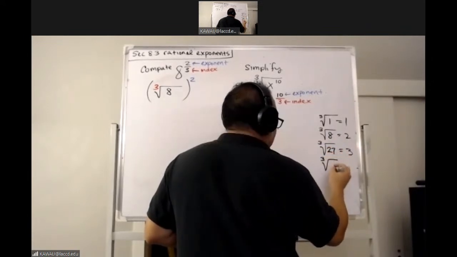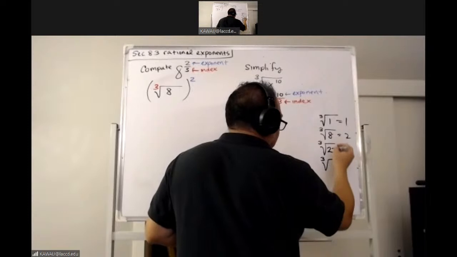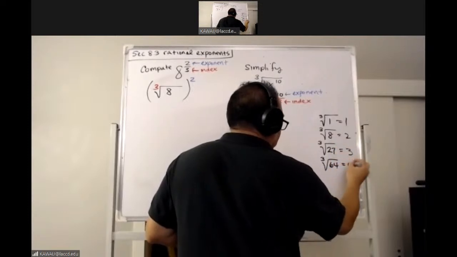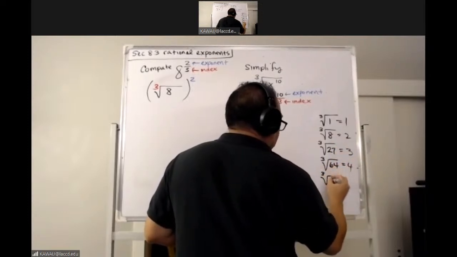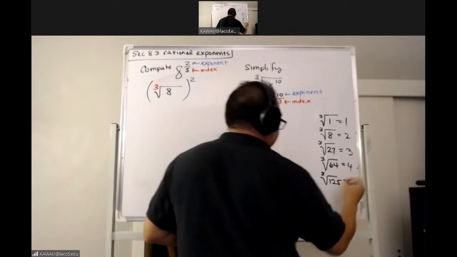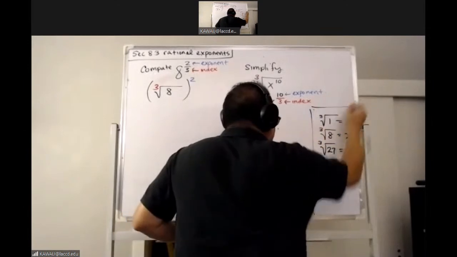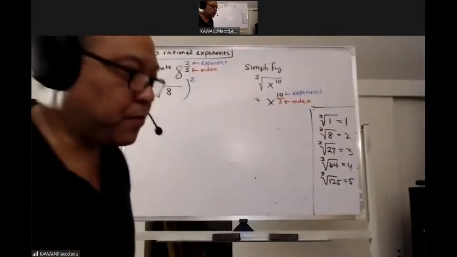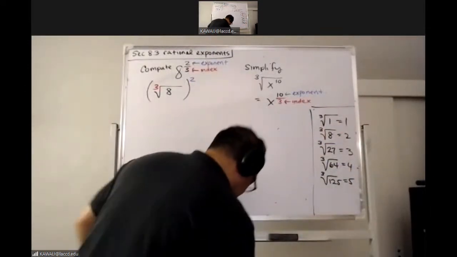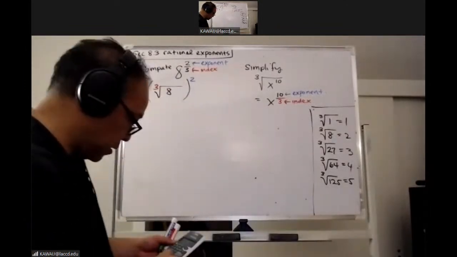Cube root of, my mind just went blank, 64 is equal to 4. Cube root of 125 is equal to 5. So just know that these are the most common ones. The book will go up to probably 6 or 7. So let's see, what is the cube root of 6?